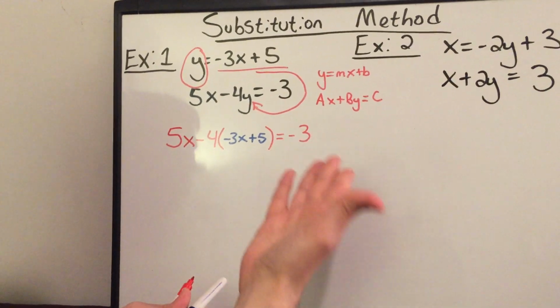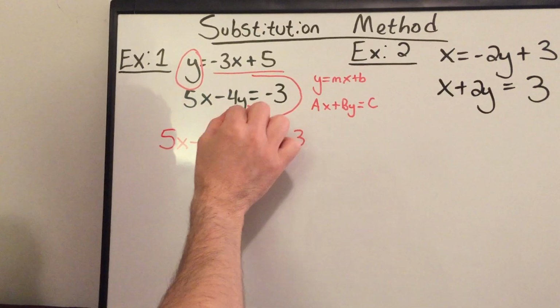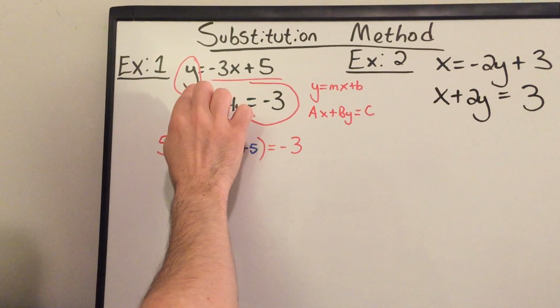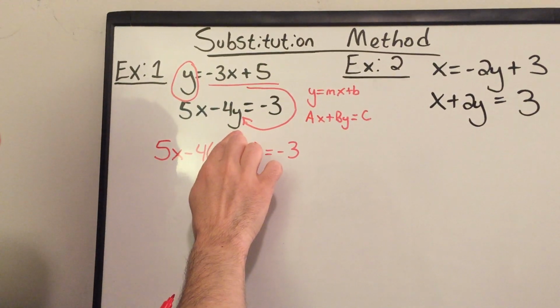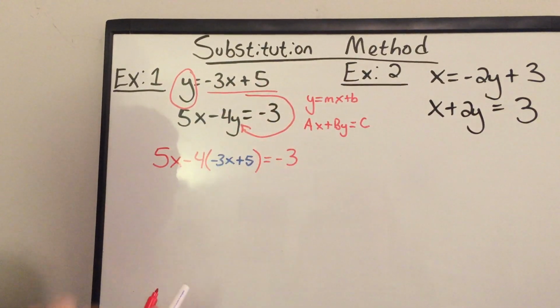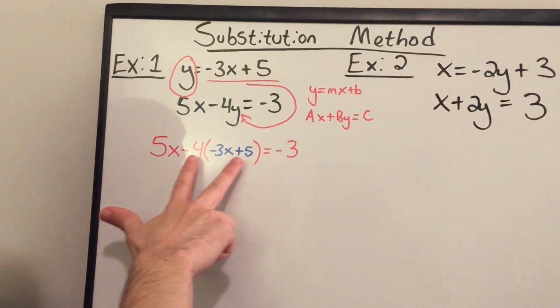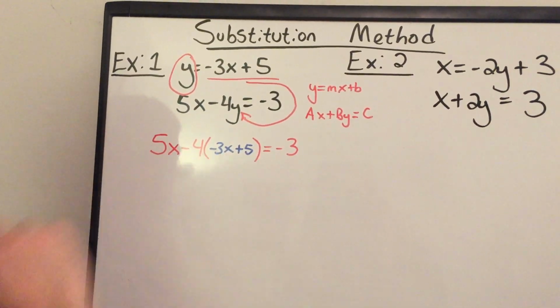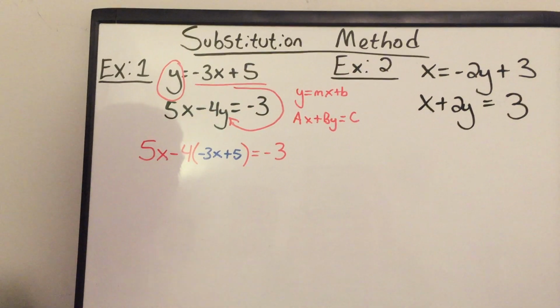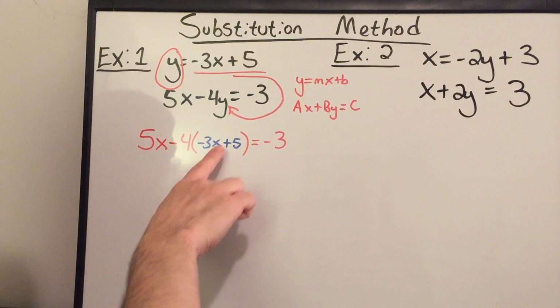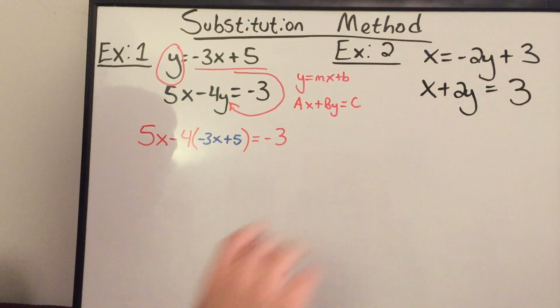So it's kind of like that's where we get the substitution name. We look for what variable is already solved for, and we're going to substitute it with what it's equaled with. Now, we do not have any y's, we just have x's, which is exactly what we want because we want it all to be just one variable, so now we can solve.